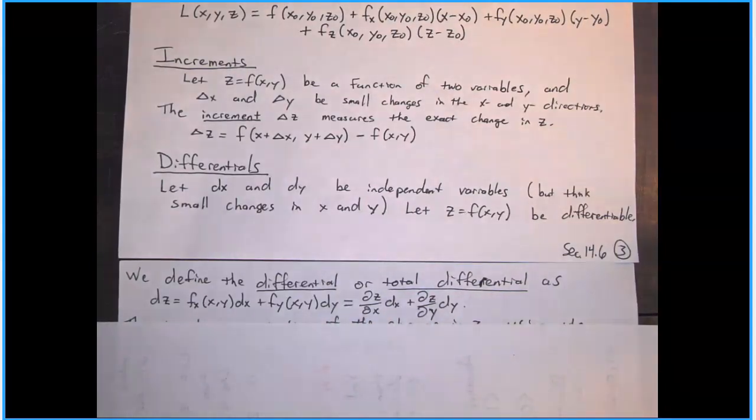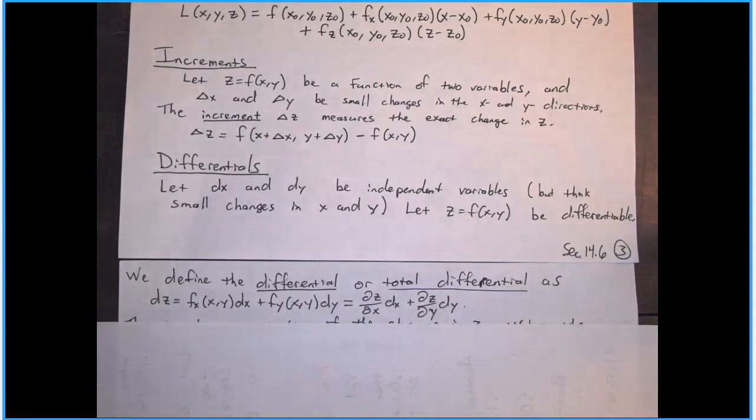So what's the difference? The difference is when we were using the chain rule, we wanted to think of z as a function of one variable, a function of t, and get the derivative of z with respect to t, when in fact z was written as a function of two variables, x and y.